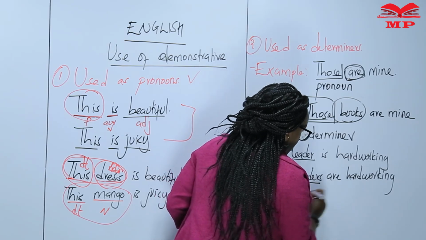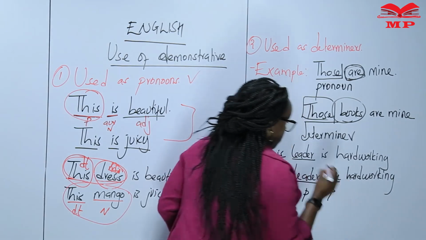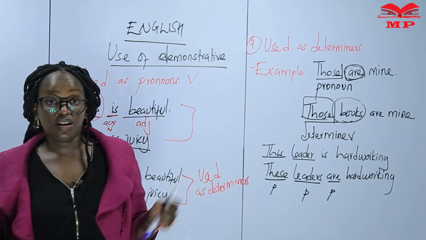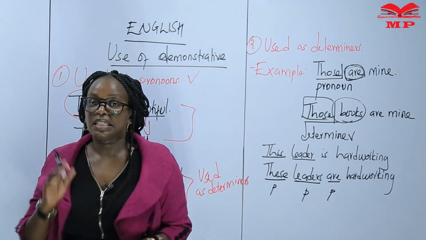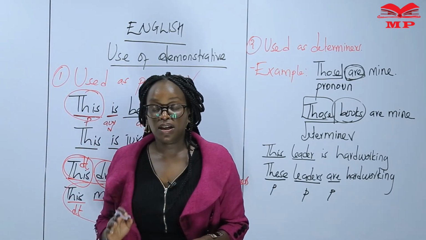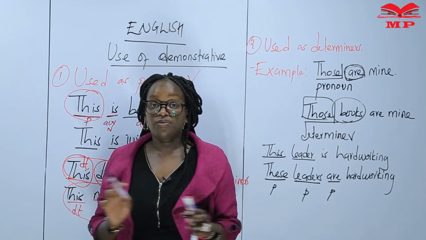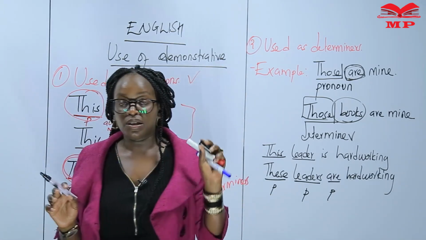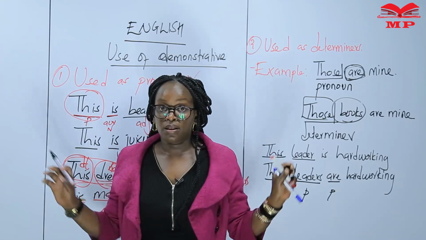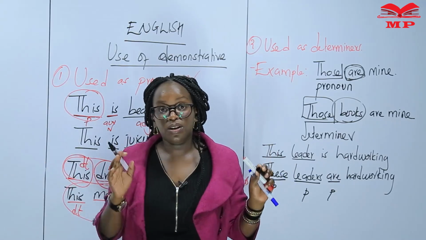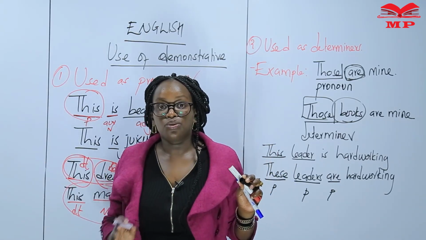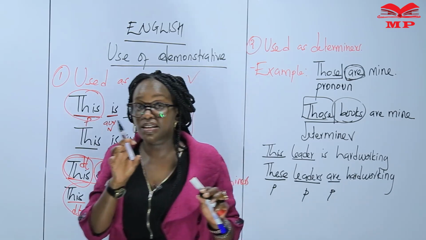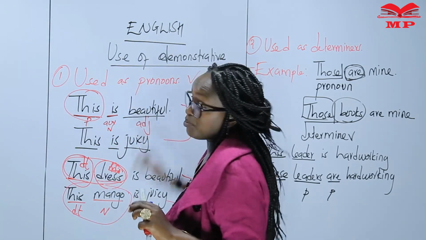Leaders is also in plural and are is also in plural. When you write sentences using the demonstratives, you have to make sure that there's that agreement. Subject, verb, agreement. Everything in the sentence should agree, and agreeing means that if your sentence is in plural, everything should be in plural: the verb that you use, the determiner that you use, and the subject. And the determiner in this case is a demonstrative.